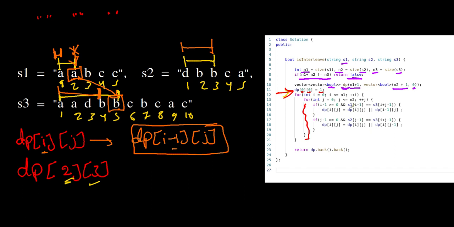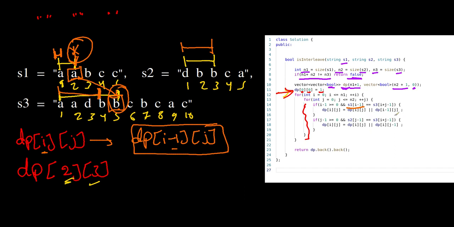So here we check if the character s1 of i minus 1 equals s3 of i plus j minus 1. So we compare this character with this one, if they are equal.